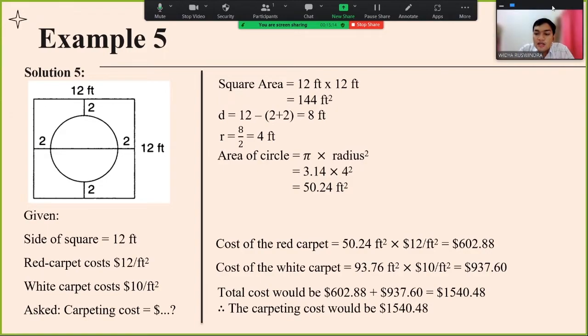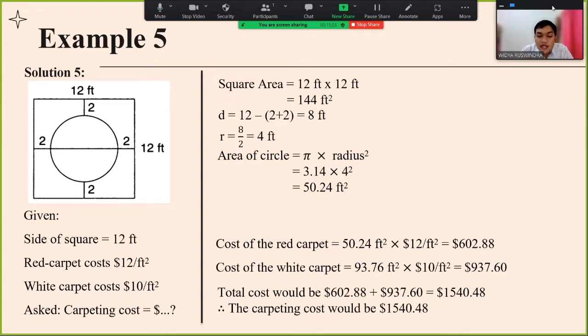It equals $937.60. So the total cost would be $602.88 plus $937.60 equals $1,540.48.